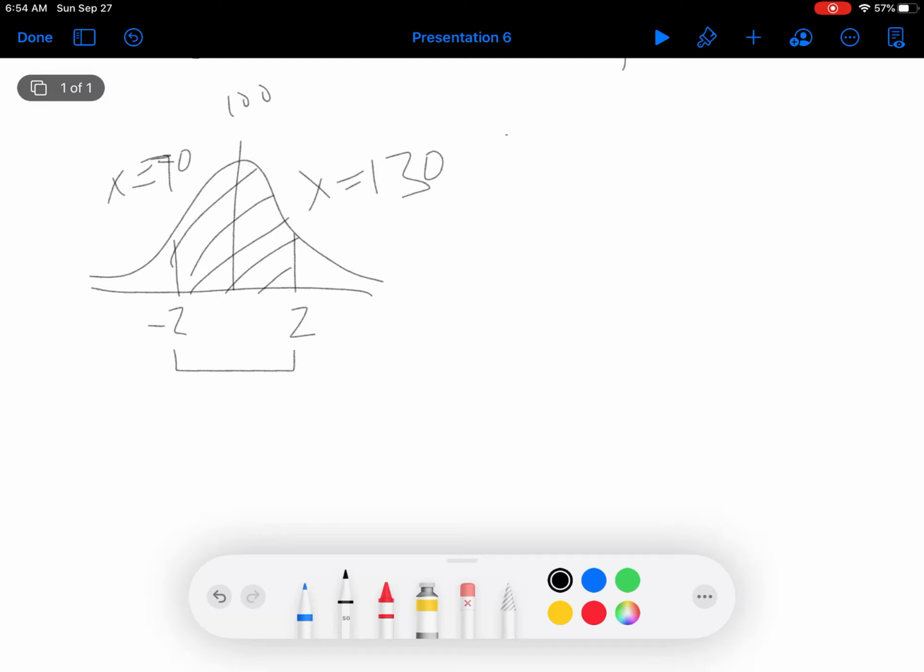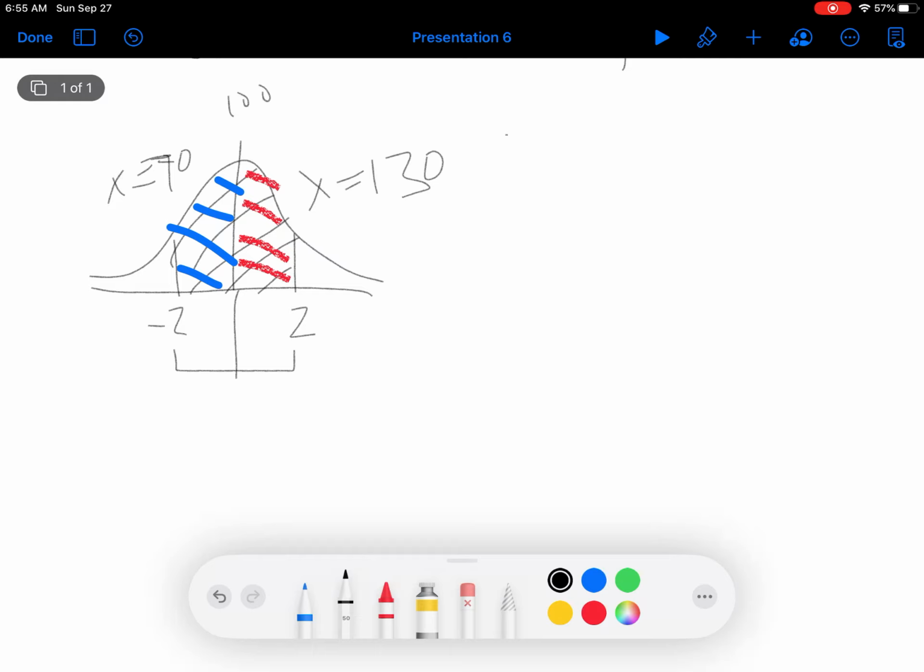Now, an easy way to figure this out, we can see that it's z to the mean, so we just need to find z to the mean for our left side and z to the mean for our right side. Now, we know that they're the same, right? It's symmetrical from -2 to 2, but if it weren't, we would be able to figure these out independently by looking from z to the mean for each of these, and then we would add them together.